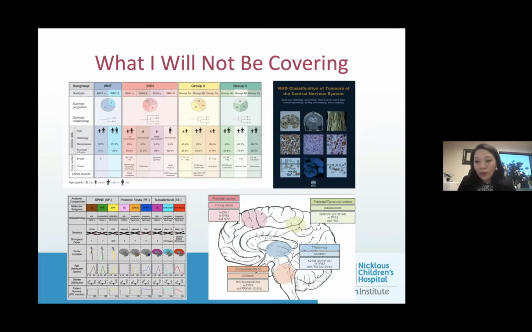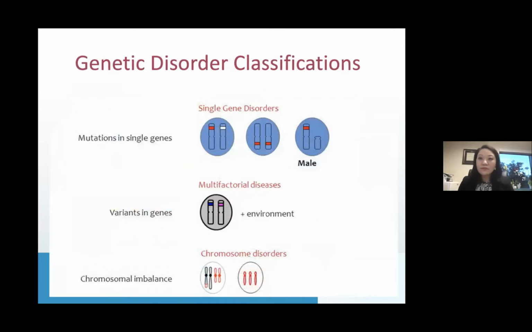So I will not be going into some of the details of that, although I do recognize that they are very important. The topic today and my goal today is to give you more of a broad strokes understanding of not just neuro-oncology diseases, but also neurovascular, epilepsy, and other congenital genetic underlying issues.